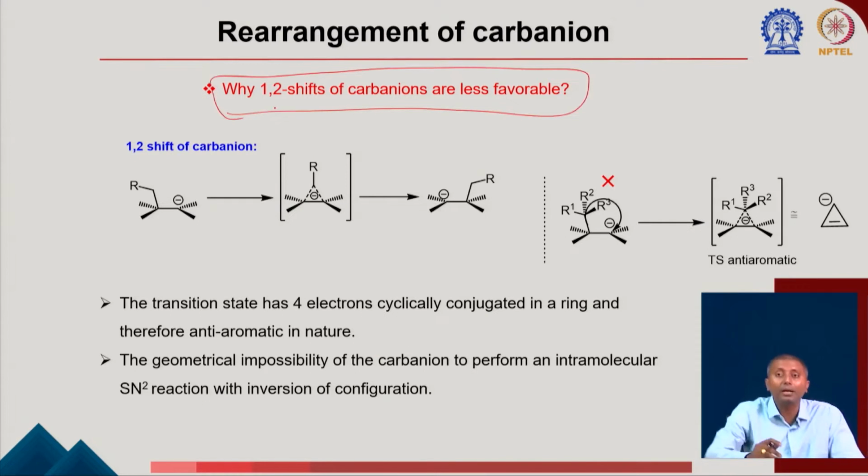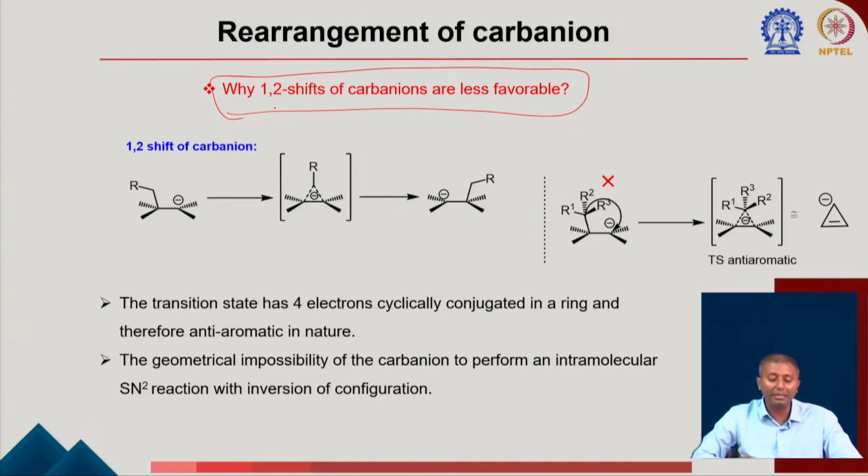If you remember, during carbocations, when I was talking about the 1,2 shift after the Wagner-Meerwein rearrangement, I started talking about why in the case of carbocation the 1,2 shift is very much favorable, but in the case of carbanion it is not favorable.